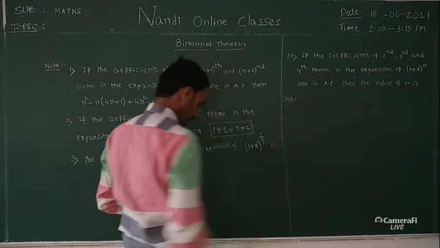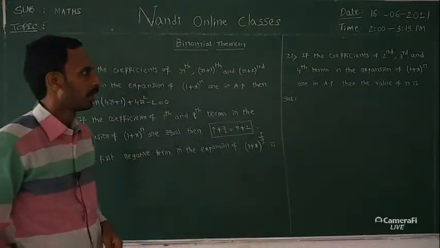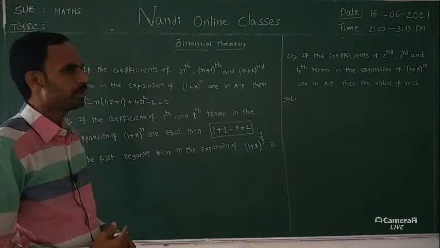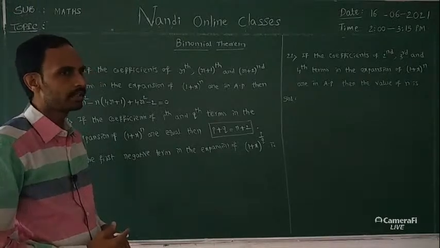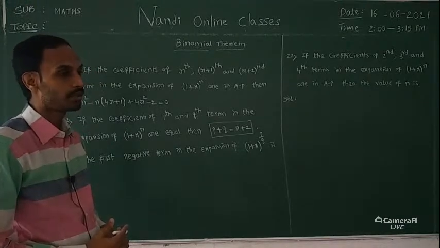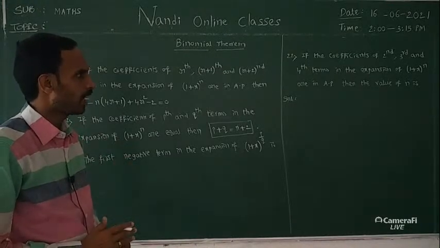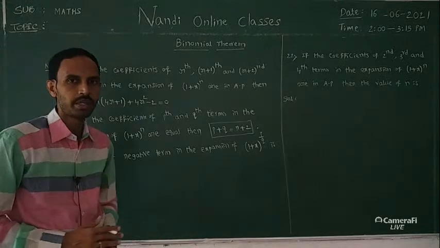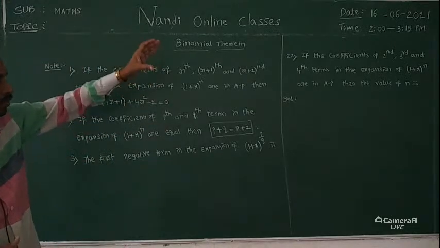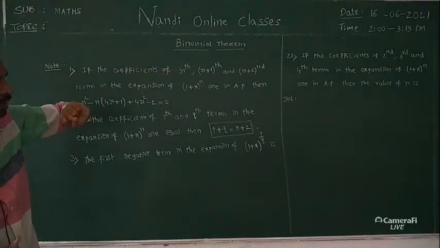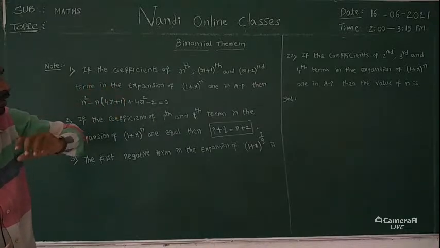Okay, solution. Understand the question. If the coefficients of second, third and fourth terms in the expansion of 1 plus x whole power n are in AP, then the value of n is. So those coefficients are in arithmetic progression. We are asked to find the n value.